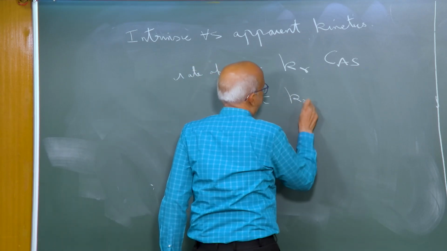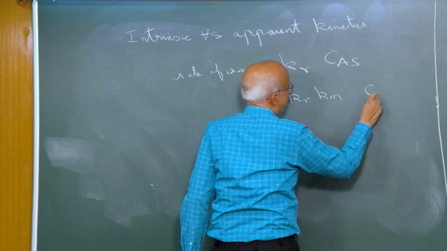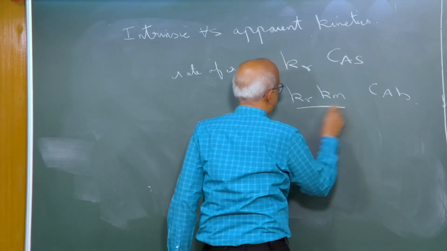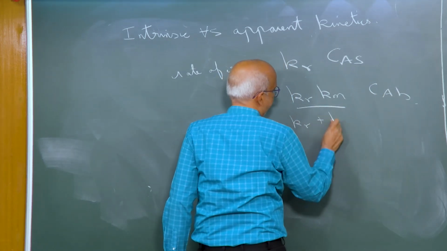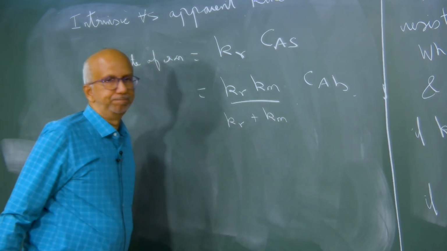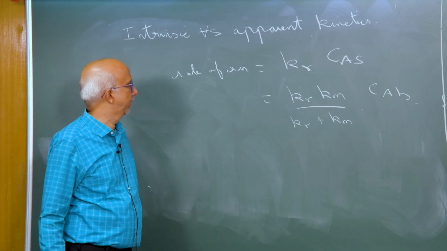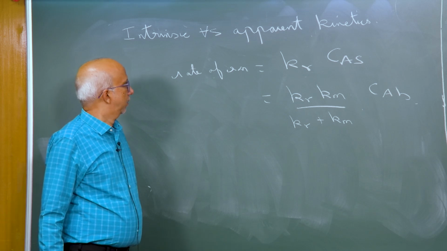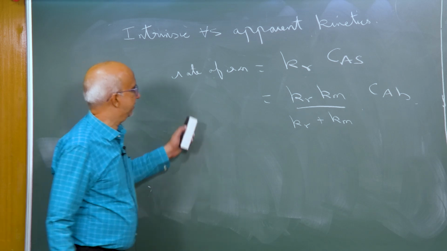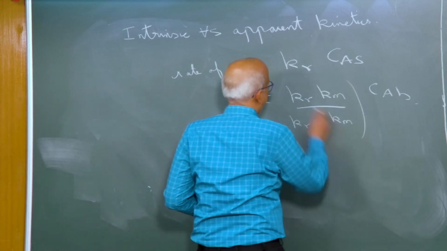And you have Kr, and I can write this in terms of CAB as Kr Km divided by Kr plus Km. Okay. So, why am I writing it in terms of CAB?